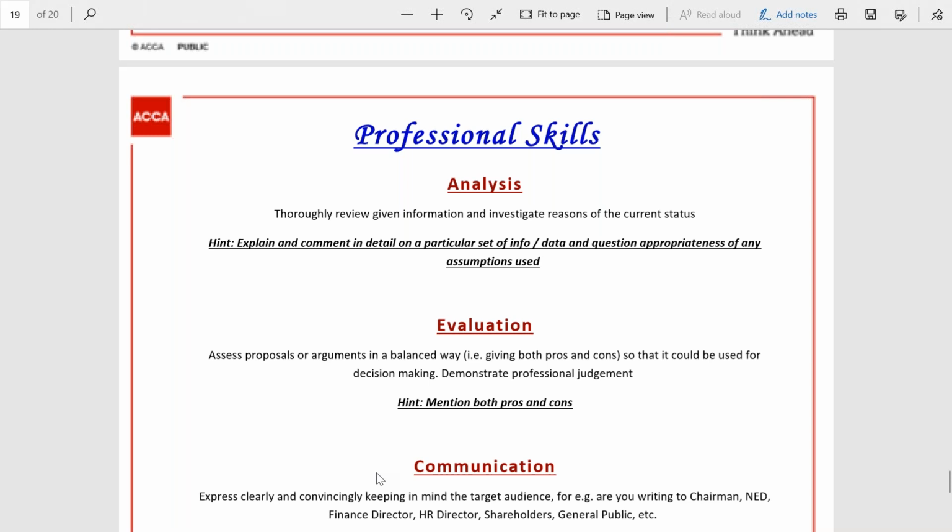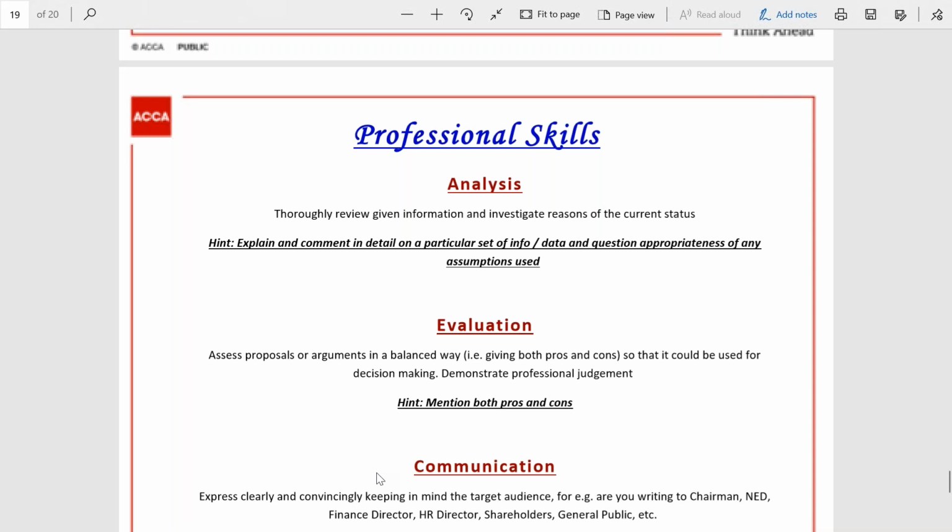It simply means that if any information is given, you pick it up, look at the root cause, investigate what's happening, and tell the examiner that these are the factors due to which this thing is happening. So analysis is basically a kind of investigation, trying to look for the reasons behind the situation.